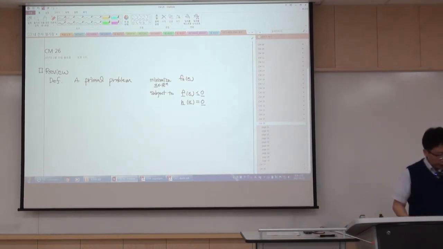Now, given that, here goes our definition of the Lagrangian.